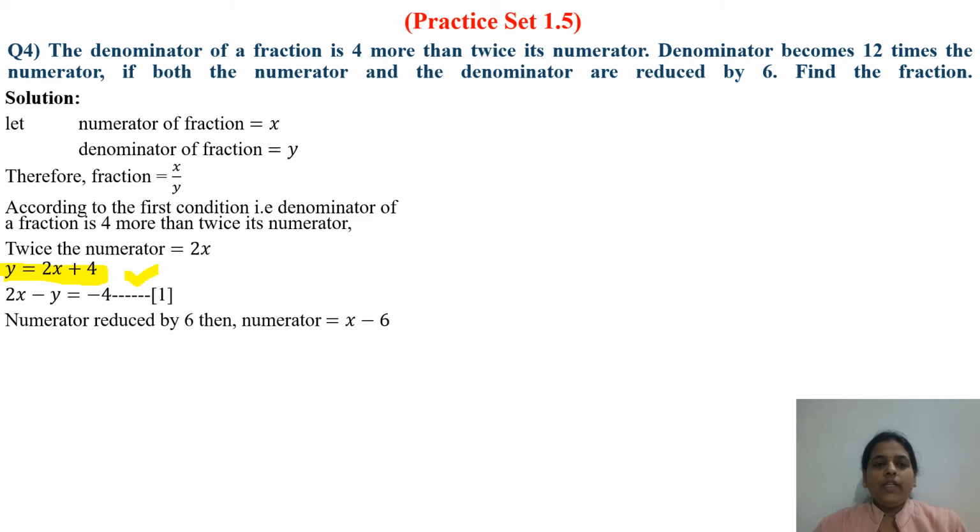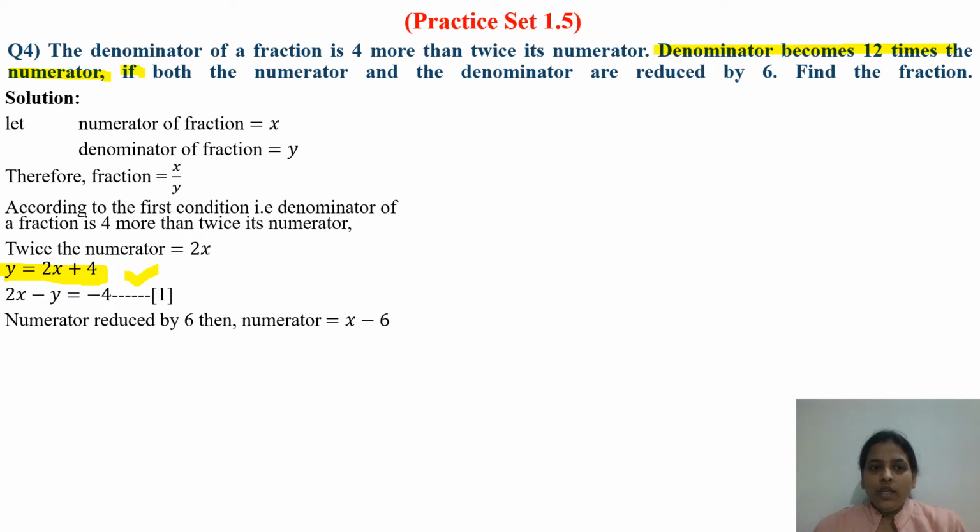Next, the numerator is reduced by 6. What is the second condition here? The denominator becomes 12 times the numerator when both the numerator and denominator are reduced by 6.